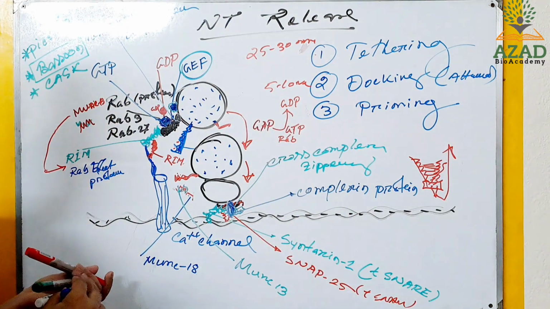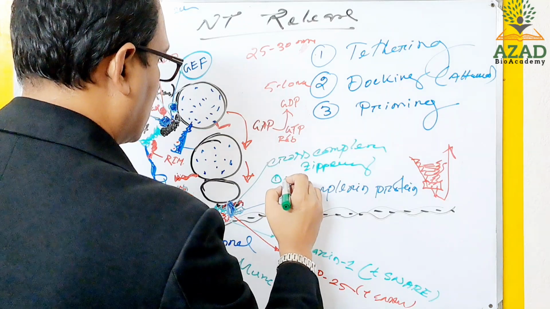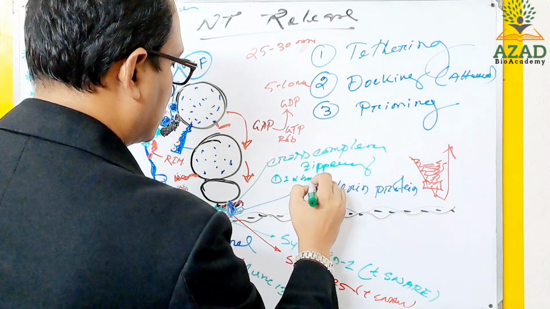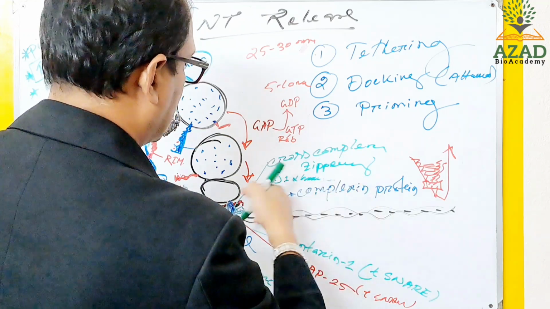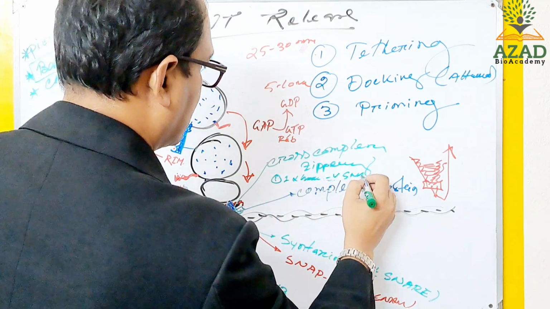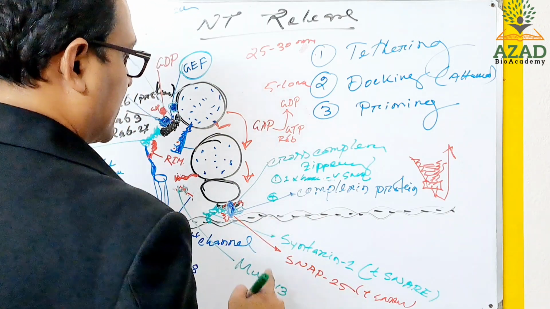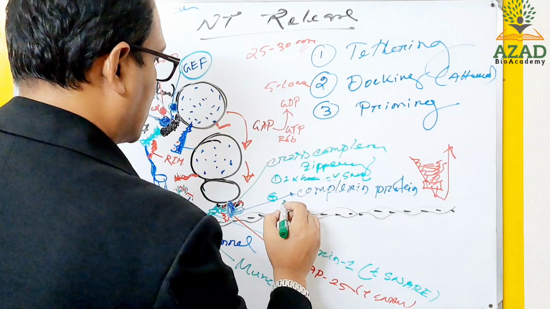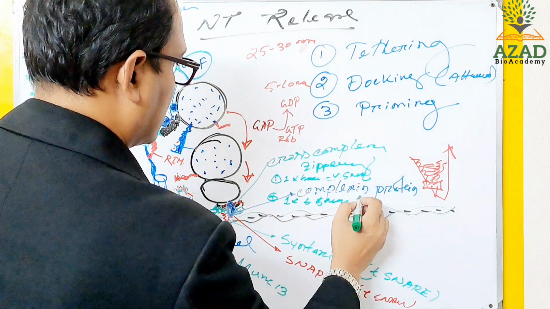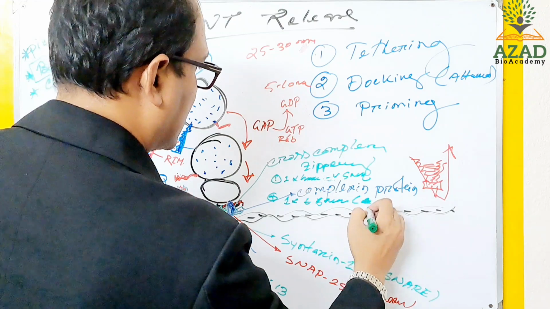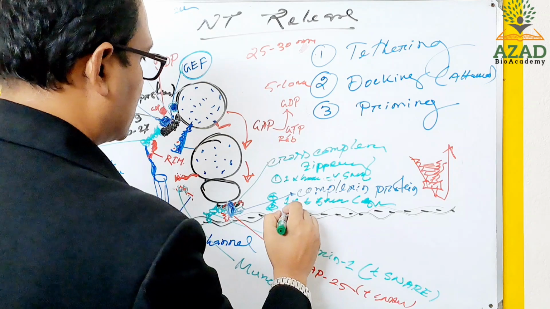Okay, and this complex formation, cross connection, or you can say four alpha helical complex. Four means one alpha helix is from synaptobrevin, that is the B SNARE. One is syntaxin, that is the T SNARE, one alpha helix, and the double alpha helical structure is SNAP25.